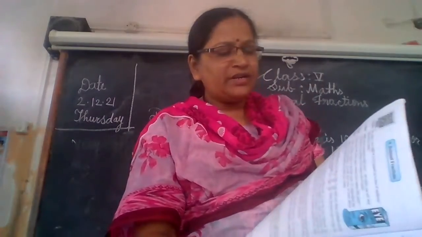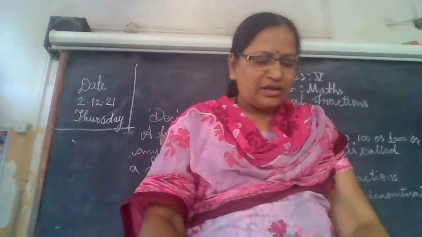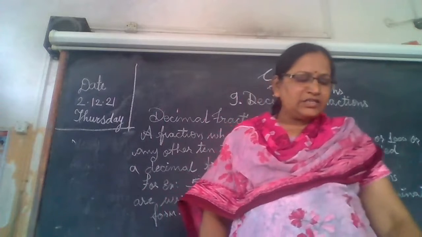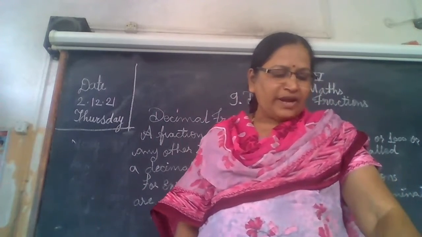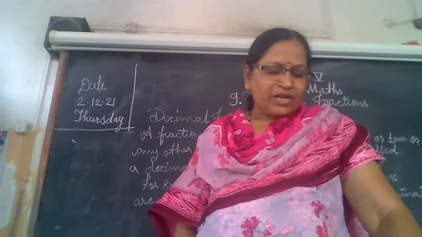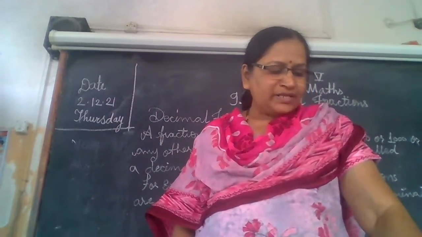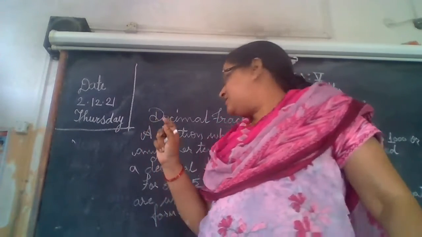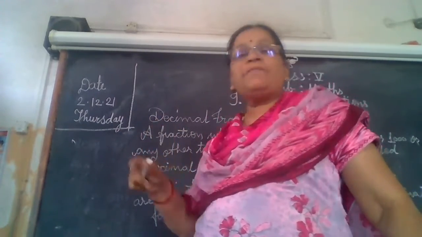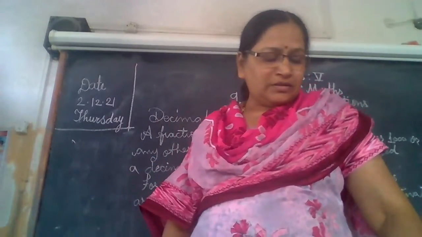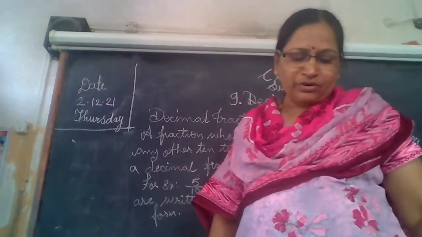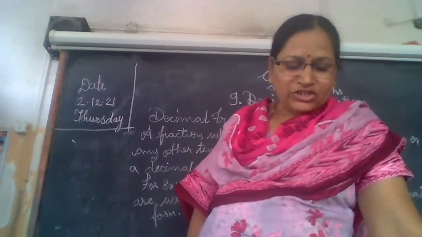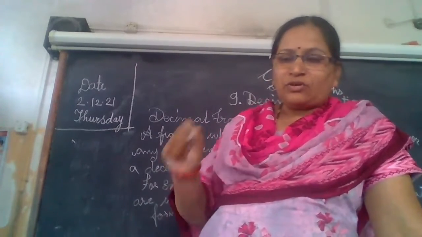Now see, it is convenient to write this fraction in another way. To use this new method, let us look at your usual method of writing numbers. We make new places for tens, hundreds. In the next video we will see the place value table for fractions.